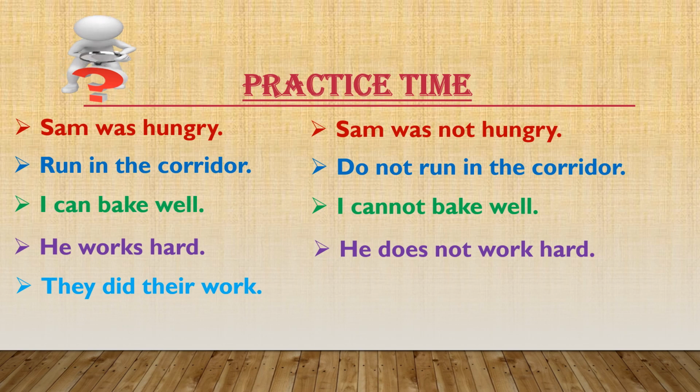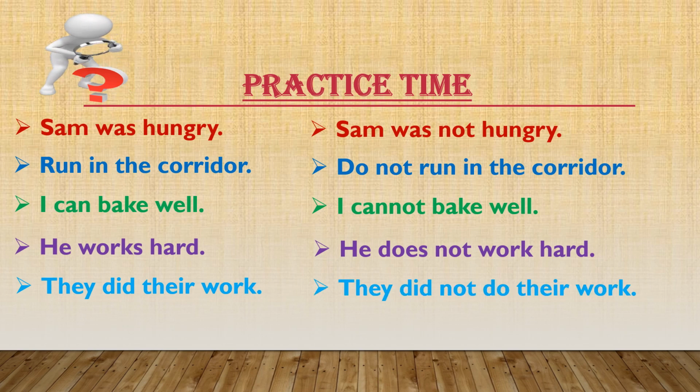You simply have to write did not. So your answer will be they did not. And what is the verb? I told you did will become do. So your answer will be they did not do their work. Hey, don't make that mistake. Just don't think you just have to add not here. No, did not will come with the root form of the verb that is do.